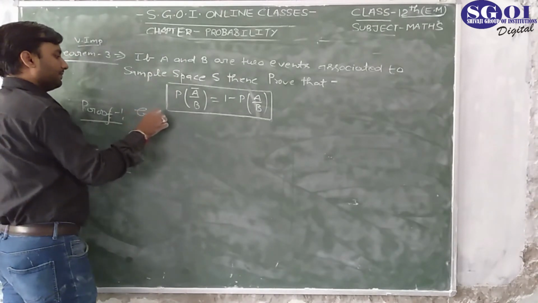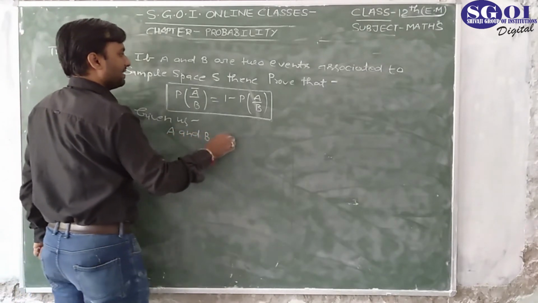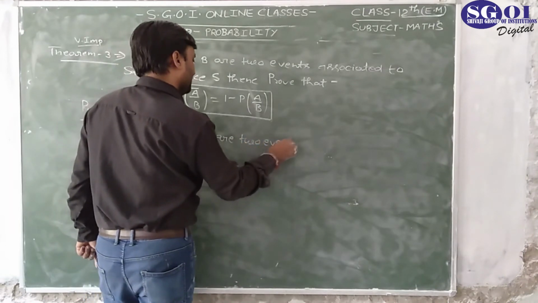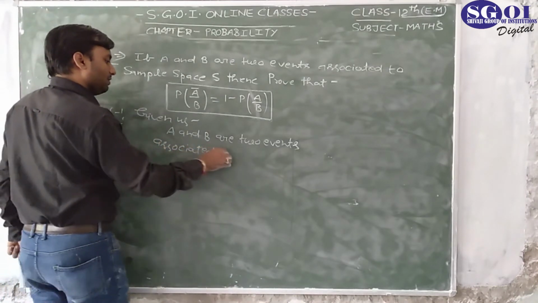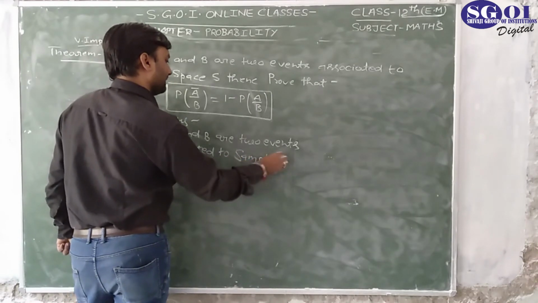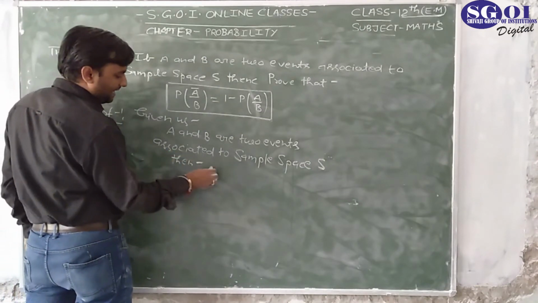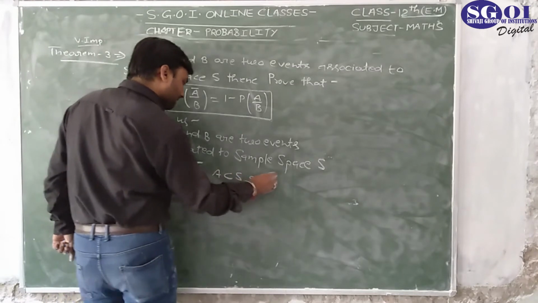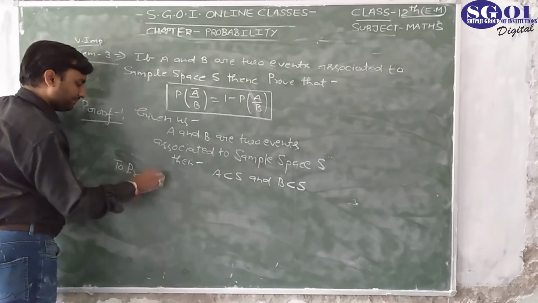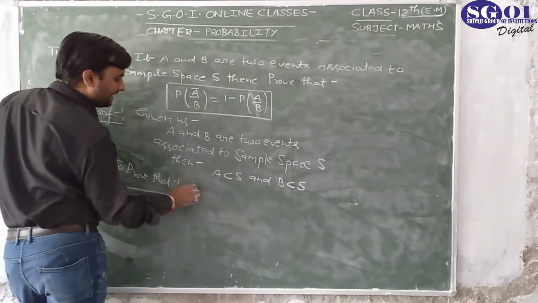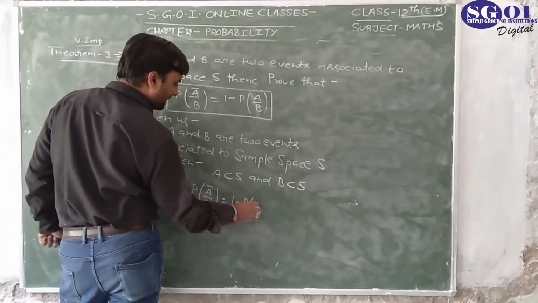Given us A and B, capital A and capital B are two events associated to sample space S. Then A is a subset of S and B is also a subset of S. To prove that probability of A bar given B is equal to 1 minus probability of A given B.